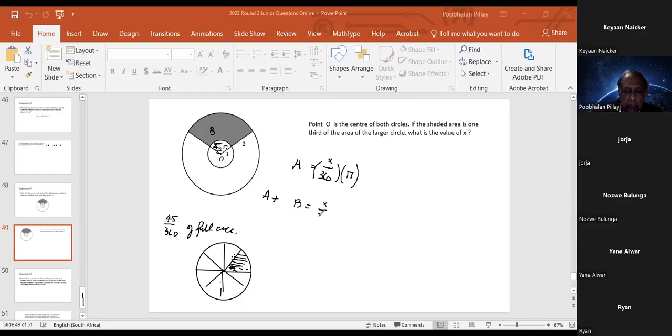It will still be x over 360. But now the radius area of the circle is pi times radius squared. There, this is pi times 1 squared. But here you got 3 squared. So it's pi times 9.